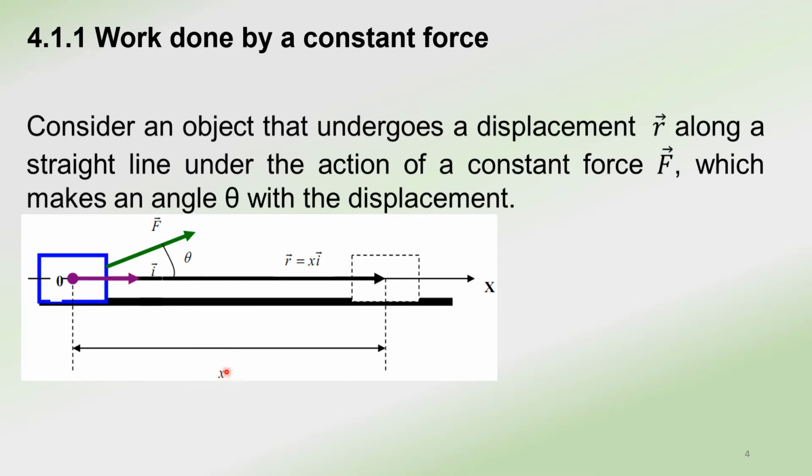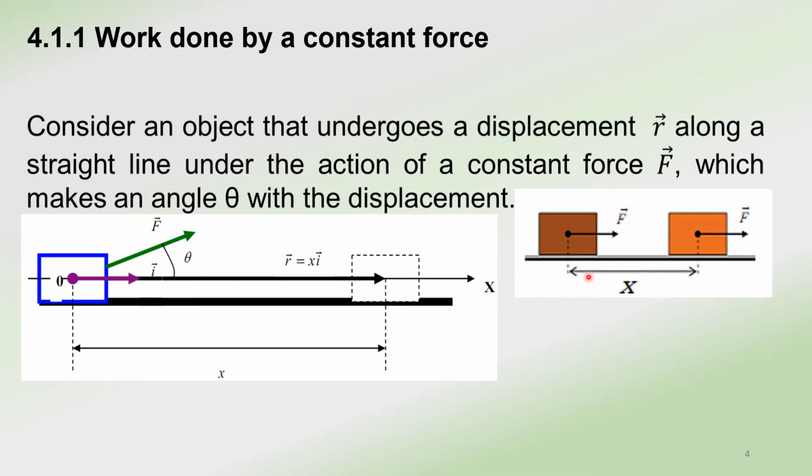If you take this distance x times the unit vector along the x-axis, you get the vector displacement r, which is equal to x i. And here the force is acting on the body at an angle theta above the horizontal axis. This means that this is a force in the direction of motion, which is a pulling force. Meaning only this force is making this body move such a distance.